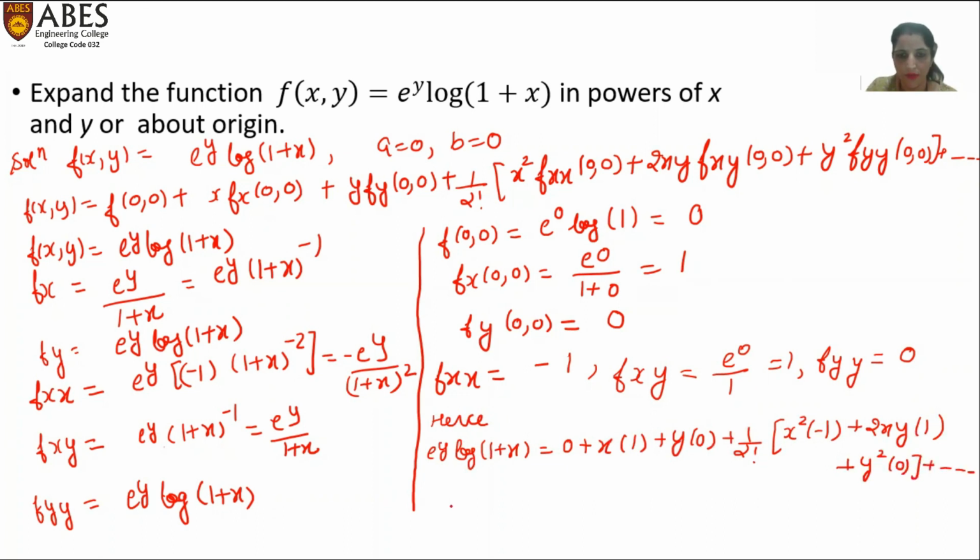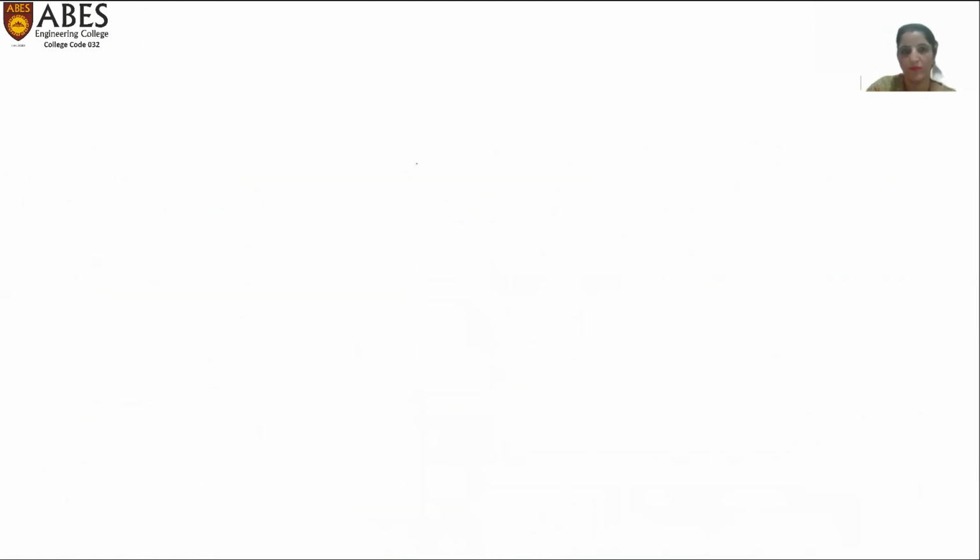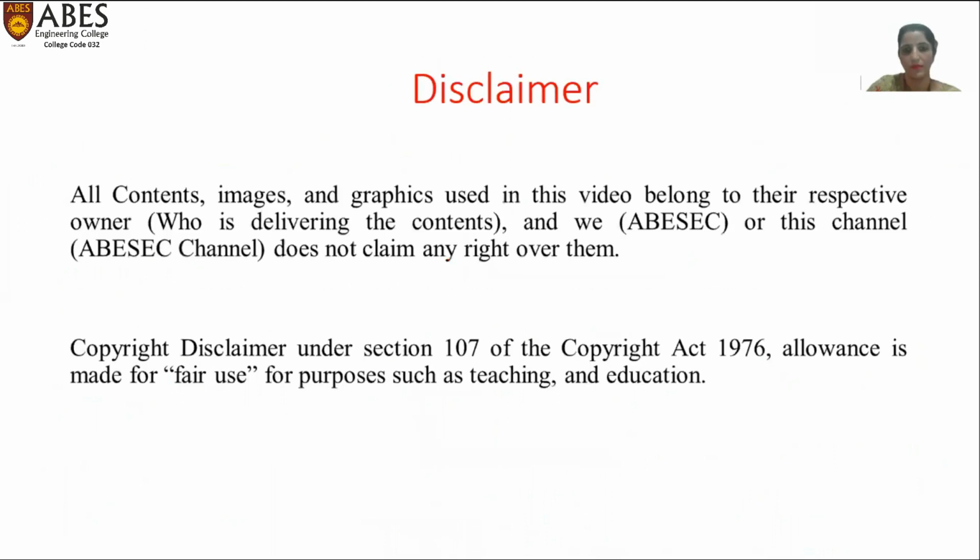Or in compact form, we may again write it as x plus 1 upon 2 times minus of (x square plus 2xy) plus so on. It is the expanded form of e^y log(1 plus x) about (0, 0), and this is the final answer. This is how we expand functions about the origin. Thank you, everyone.